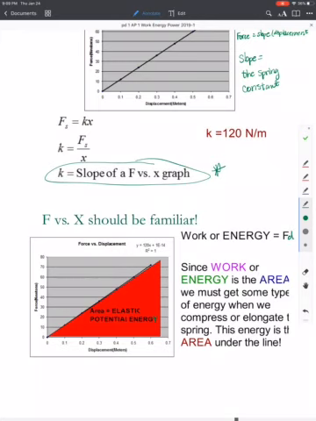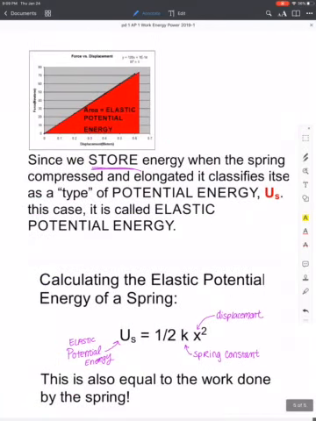If I look at this graph, the area under it to compress or stretch, elongate just means stretch, a spring is the area under the line, and the fancy name we give that is elastic potential energy. The elastic potential energy that we store in the spring, we call U with a tiny s, because we use U for potential energy.